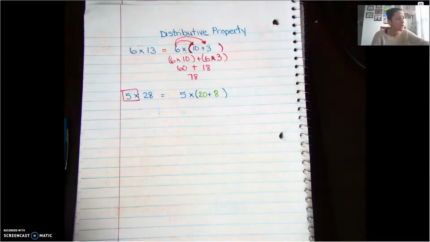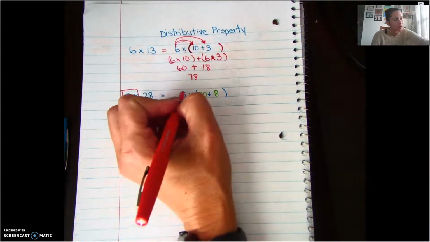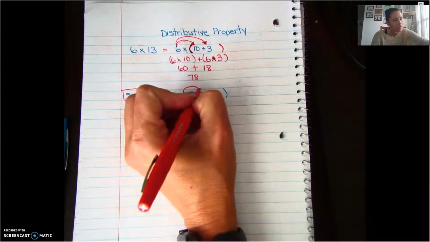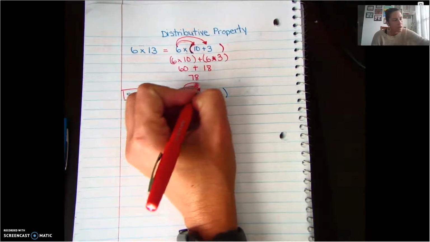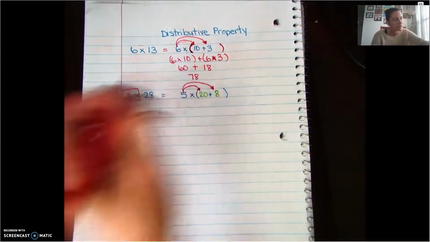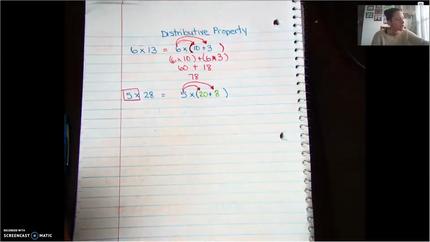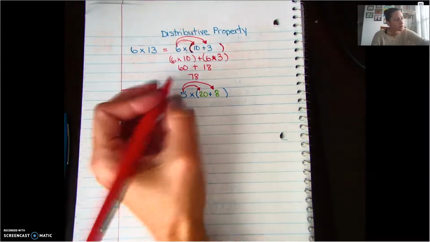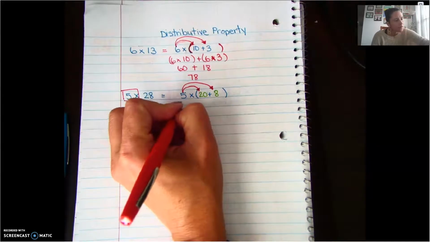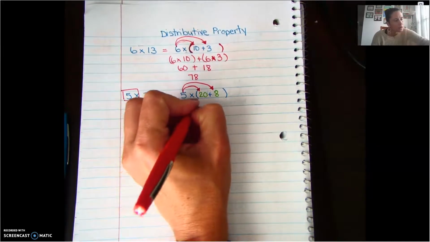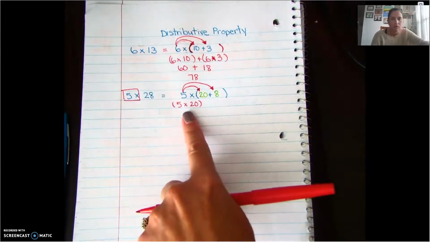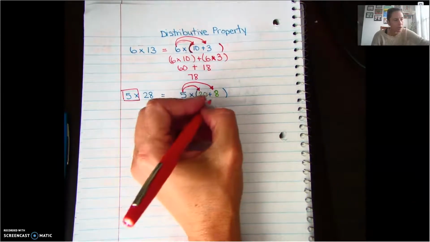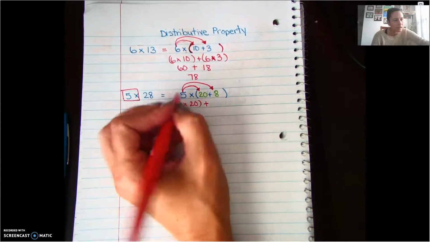So now that I have that, now I'm going to distribute. I'm going to do 5 times 20 and 5 times 8. And then I'm going to go ahead and write that down here. So I'm going to have 5 times 20 inside my parentheses. Then I've got to bring down my plus sign.